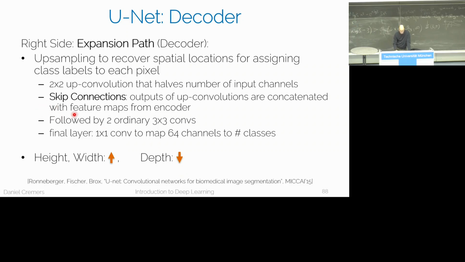But also these skip connections that allow you to basically copy over from the left branch. And so the decoder, at every step, increases the spatial resolution, but it reduces the depth again.